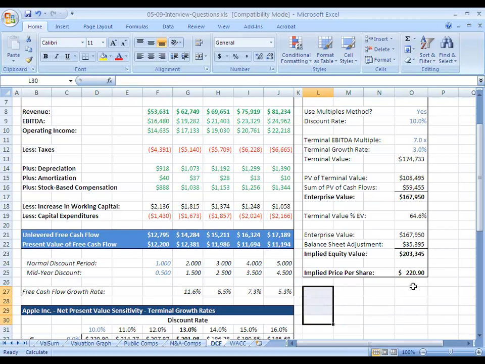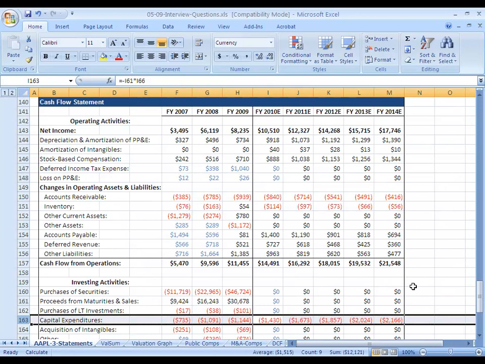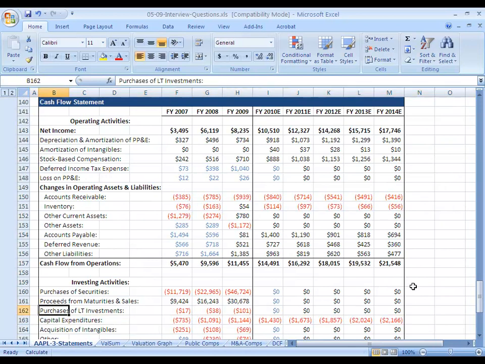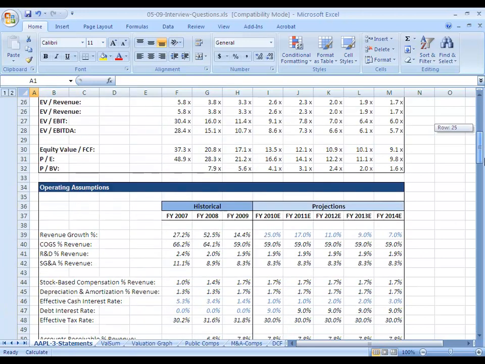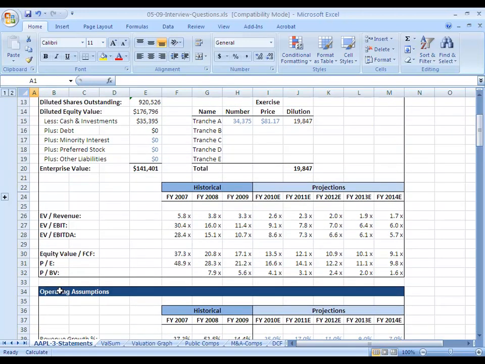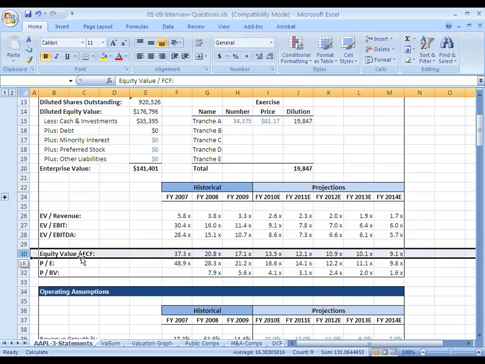You may also get a question on what the impact of unlevered free cash flow versus levered free cash flow is. Now for this one, recall that back when we went over equity value and enterprise value, we said that when we're looking at these multiples, if we have levered free cash flow, we use equity value, and if we have unlevered free cash flow, we use enterprise value.